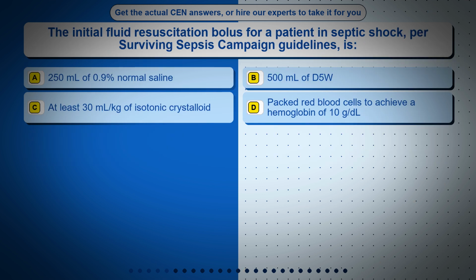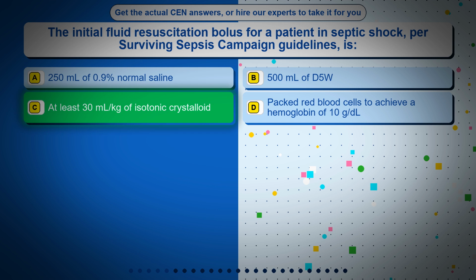Question 5. The initial fluid resuscitation bolus for a patient in septic shock, per Surviving Sepsis Campaign guidelines, is Option A, 250 ml of 0.9% normal saline. Option B, 500 ml of D5W. Option C, at least 30 ml/kg of isotonic crystalloid. Option D, packed red blood cells to achieve a hemoglobin of 10 g/dl.